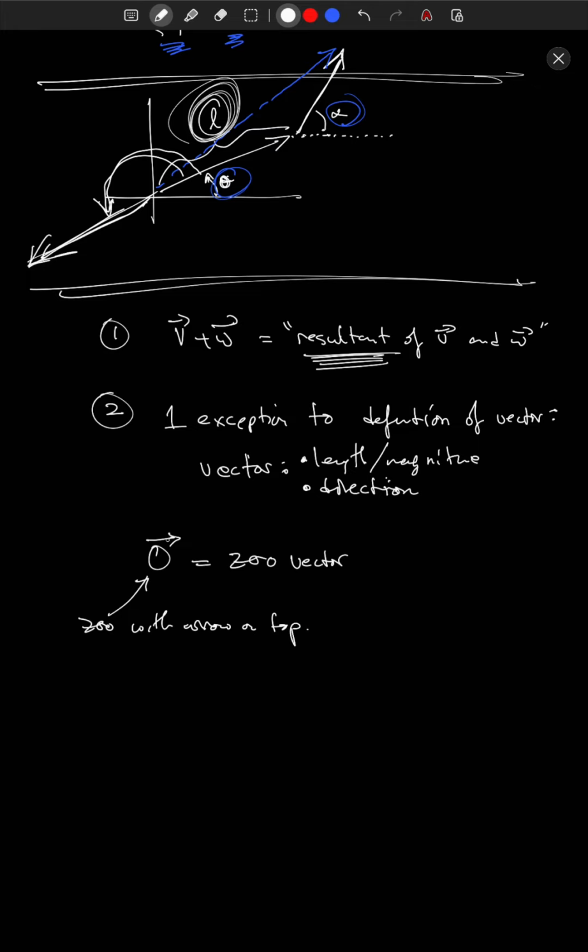So remember, we always want to put arrows on top because we definitely want to always know whether we're working with a vector or a number, right? And numbers don't have arrows on top. So if I'm talking about the zero vector, that would be the vector of zero length.